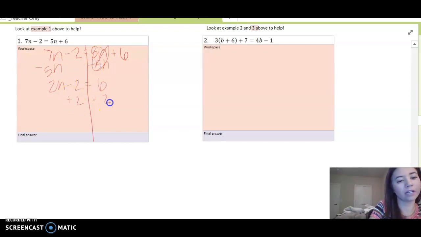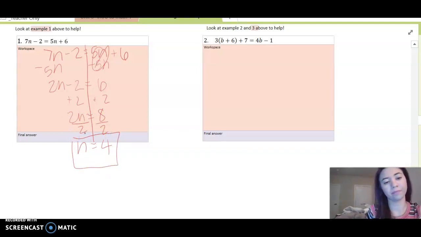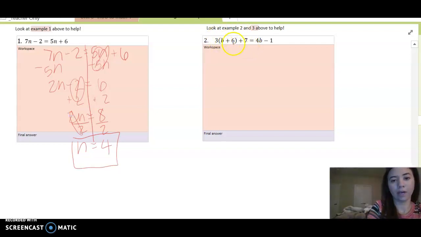Add 2 to both sides, and get 2n equals 8. Divide by 2, n equals 4. 2's cancel, 2's cancel.